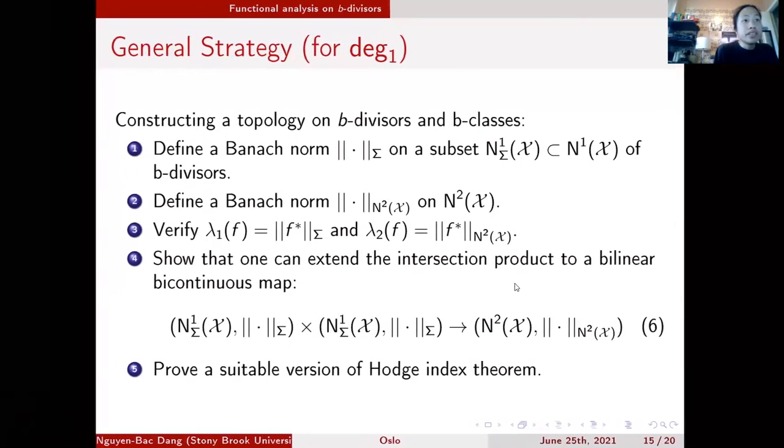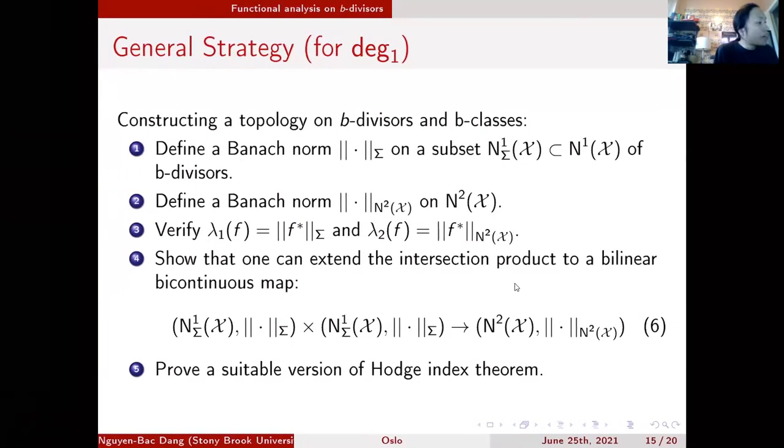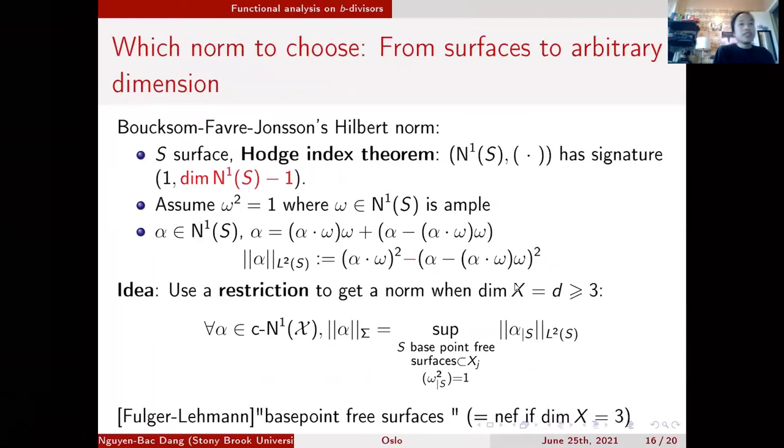Okay, so that's our goal, and so let me tell you the way I'm going to define the first norm on divisors, on b-divisors. So let me tell you what was done in the case of surfaces.